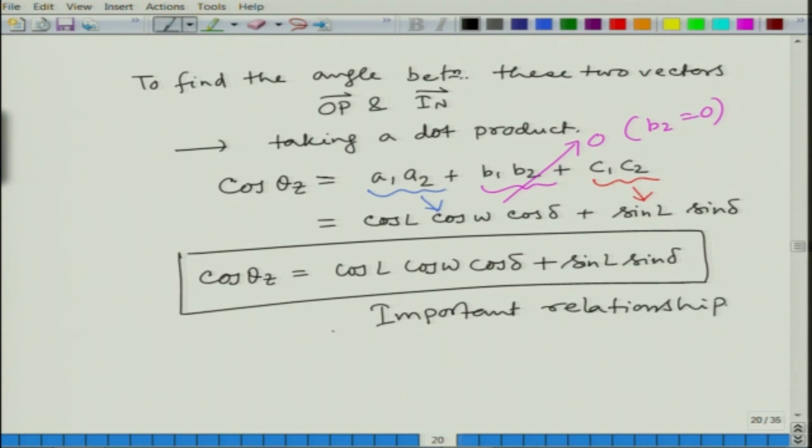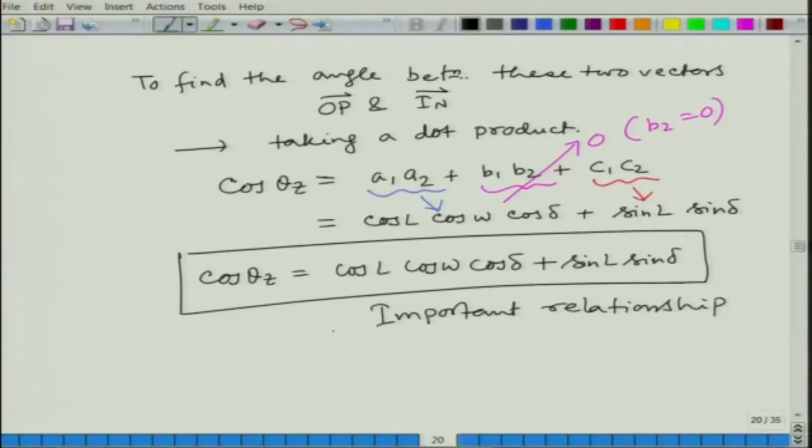This we will use again and again in many occasions, and actually we have used it already. Okay. You please look back, we have used similar equation already. Okay. So, now we have derived that equation as well.